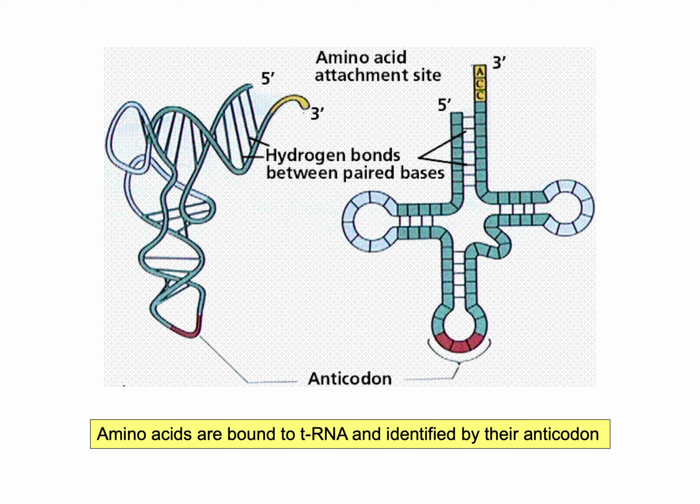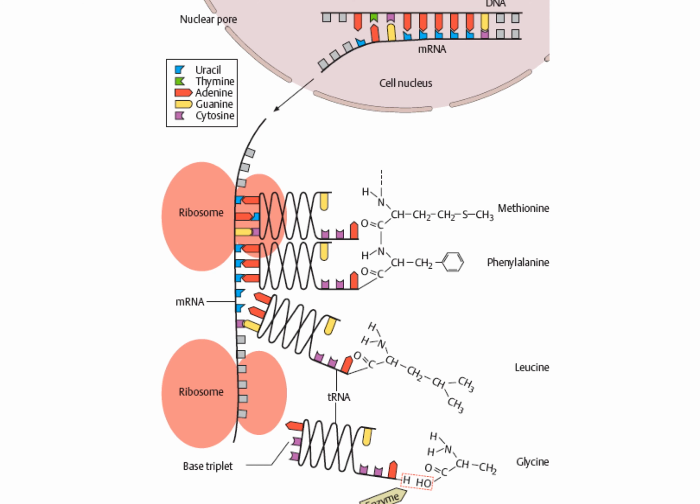And each tRNA will have a specific amino acid, only one amino acid. And that amino acid will look for its codon, and the anticodon is going to attach to it, and then we have the sequence of amino acids in the order that we need them to be.